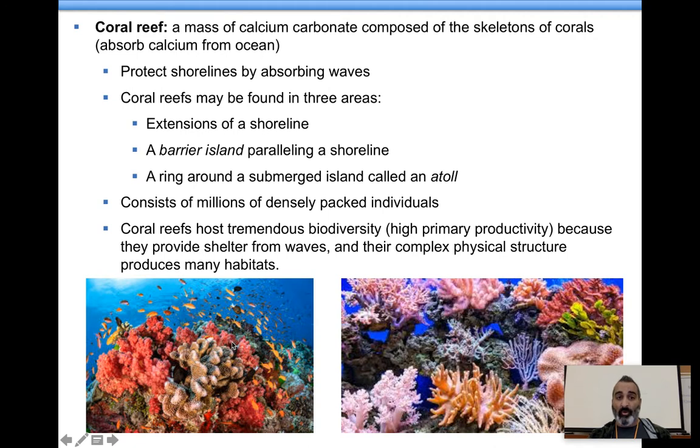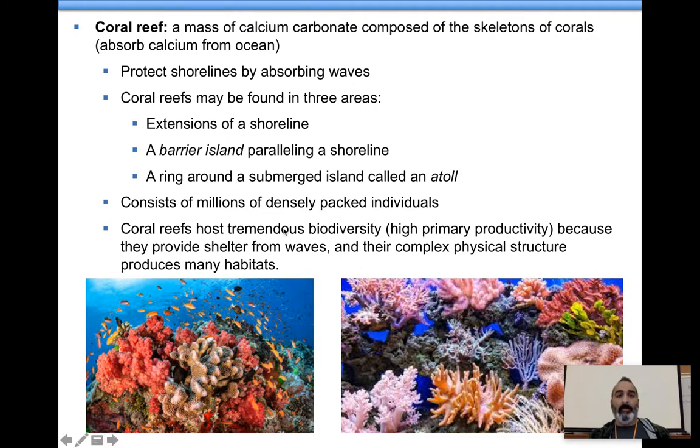They protect shorelines so well, they're generally great places to go surfing because they absorb the energy of the waves. Hawaii is very well known for its surfing. The reason the surfing is so good is that these giant, massive waves come in, and the waves crash on the reef rather than crashing on the shoreline and eroding the shoreline.